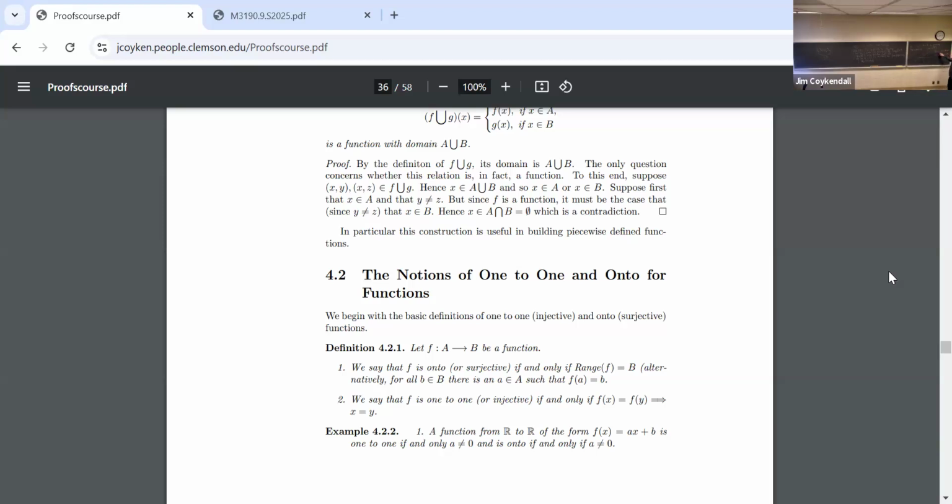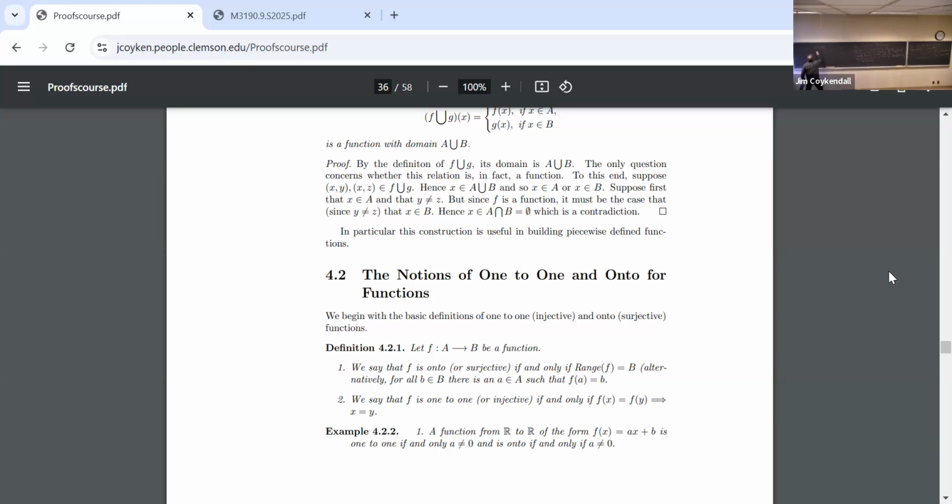So I claim that this is 1 to 1 if and only if m is not 0, and so on. So let's prove this. Okay, the first thing I'm going to do is prove this function is 1 to 1 if m is not 0.